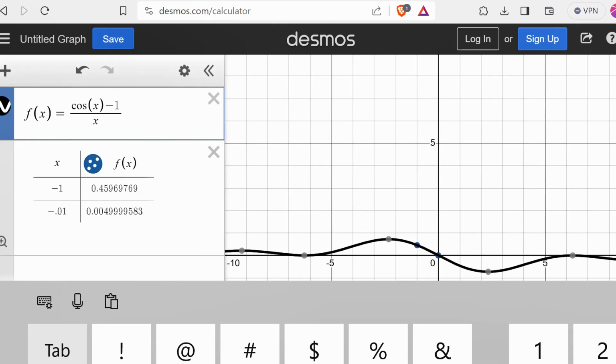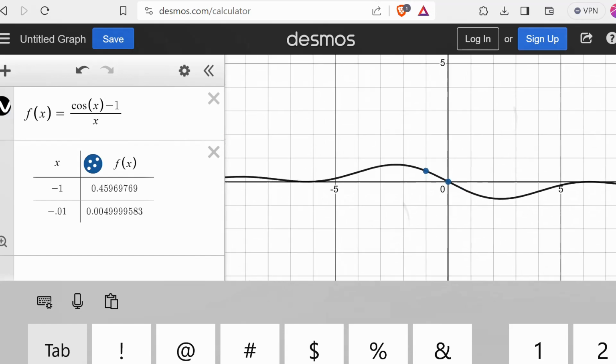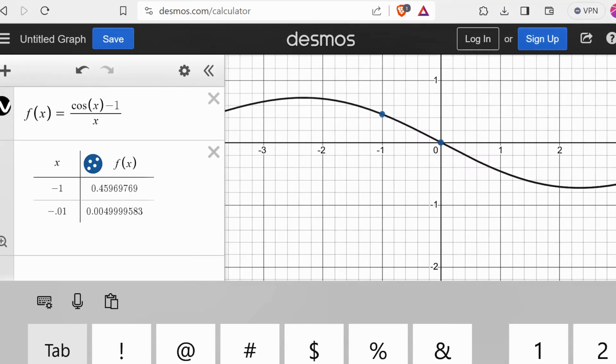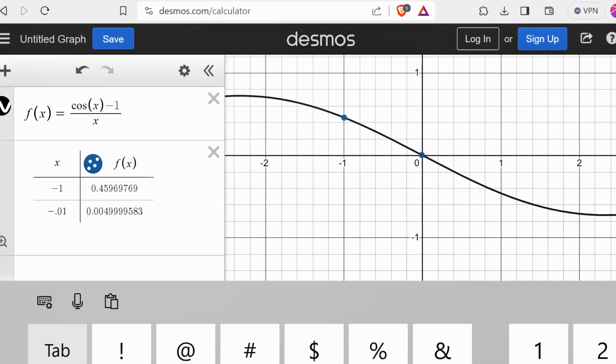Good, there we go. Actually, you can see from the graph what's going to happen, right? As we come into 0, our values are coming in either up to 0 or down to 0. Okay, and so you can see pretty much right away that the limit is going to be equal to 0. Good.